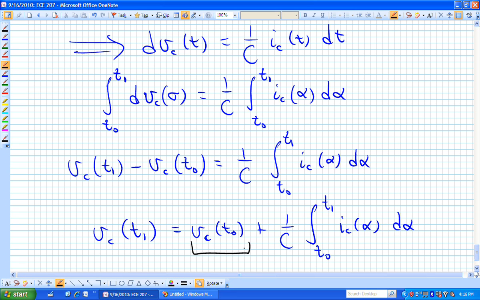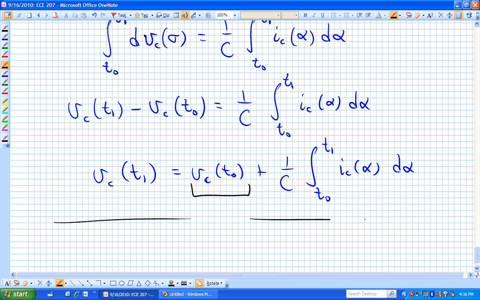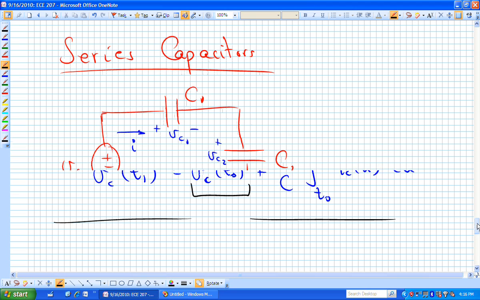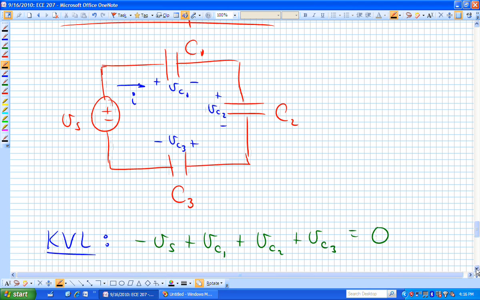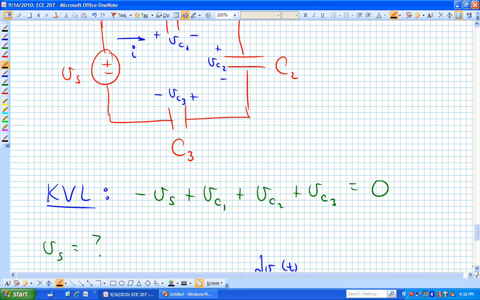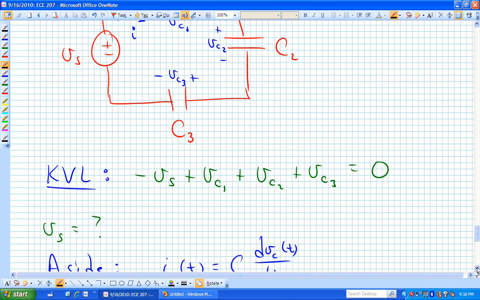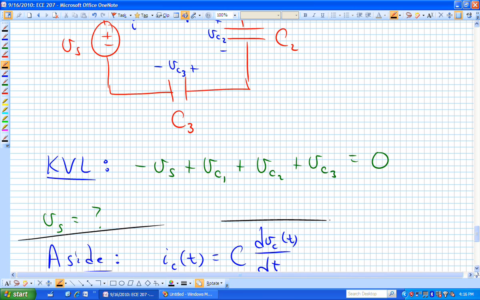It would go away, and we would have V is equal to 1 over C integral of I for this current-voltage relationship of a capacitor. That is our aside, meaning now we can use this information in this KVL equation.